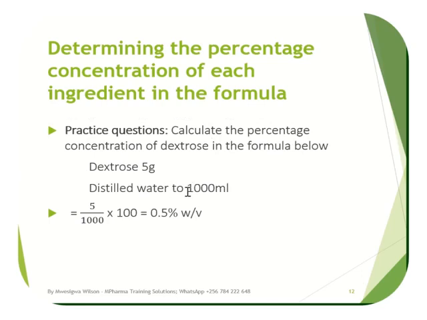If I'm having the word "to", this is the total volume. So the quantity is 5 grams divided by this times 100. This gives me the answer of 0.05%. Remember, I've indicated for you here, it is a weight in volume. If this was a milligram, I would have to first convert it to grams.